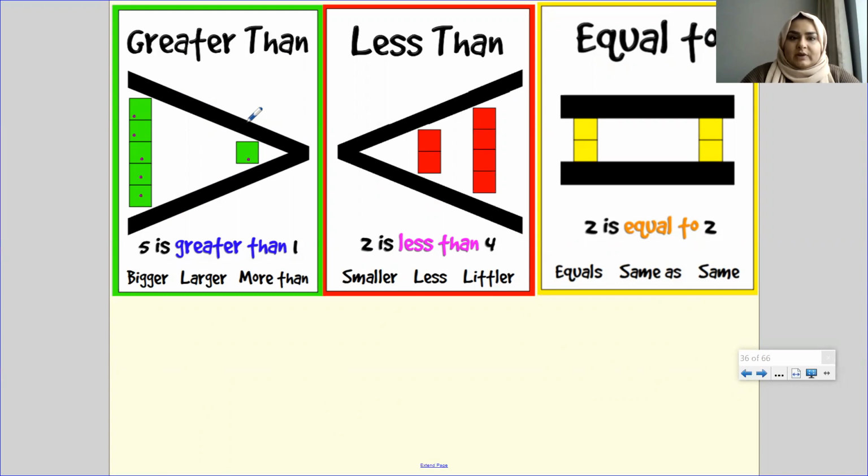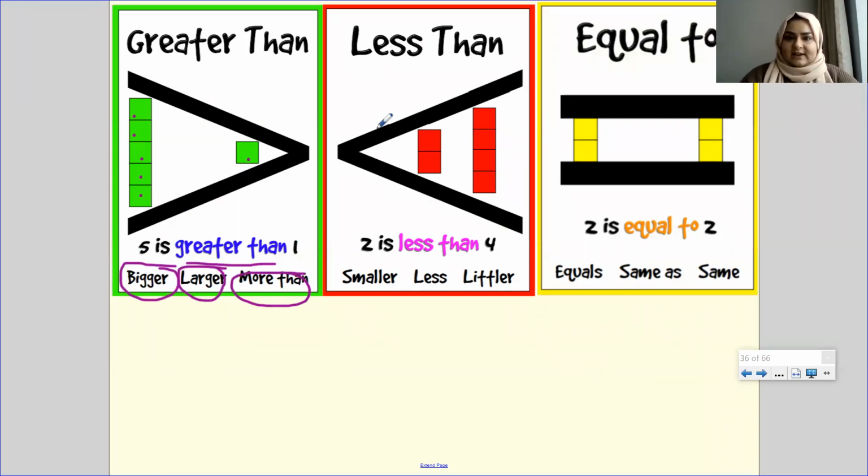So the smaller number is always on the pointy end, and the bigger number is always on the open side. So 5 is bigger than 1. And when you talk about greater than, these are the words that are related to greater than: bigger, larger, and more than.